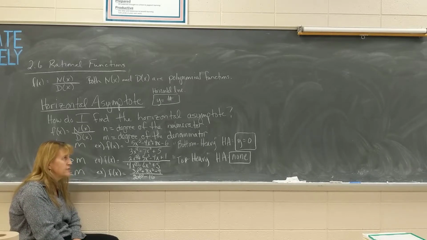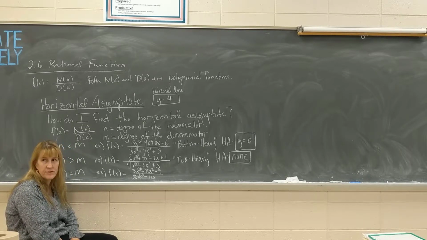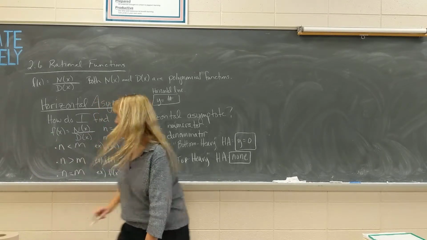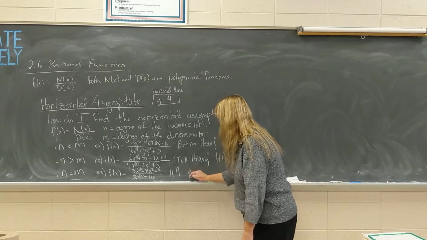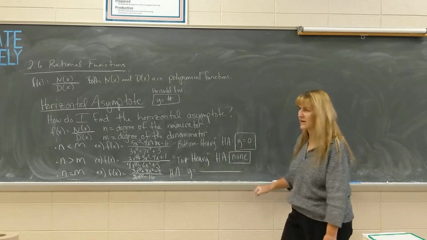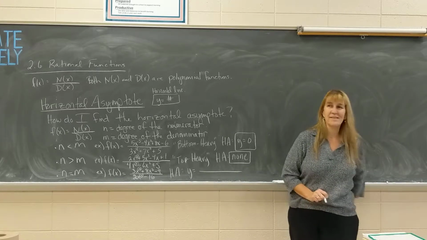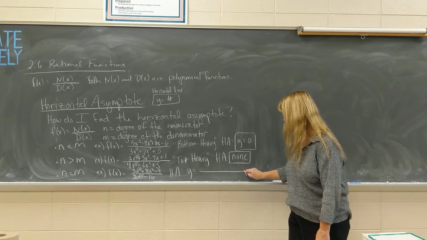So here's the rule for this, and there is a rule for it, and you do have a horizontal asymptote. You ready? My horizontal asymptote is y equals, and it's a big fraction. It's actually a little fraction, but it takes a lot of room to write it the first time through.